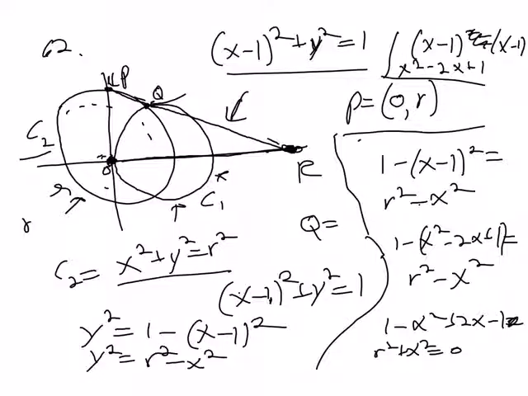Let's move these terms to the other side: the x squared terms cancel, and the 1 and minus 1 cancel, and we get 2x equals r squared, in other words, x equals r squared over 2. So that's the first thing, x equals r squared over 2.